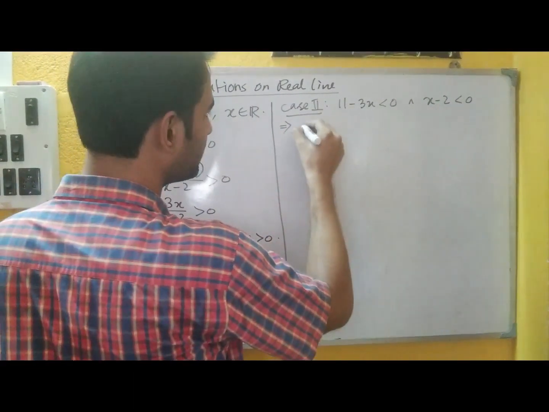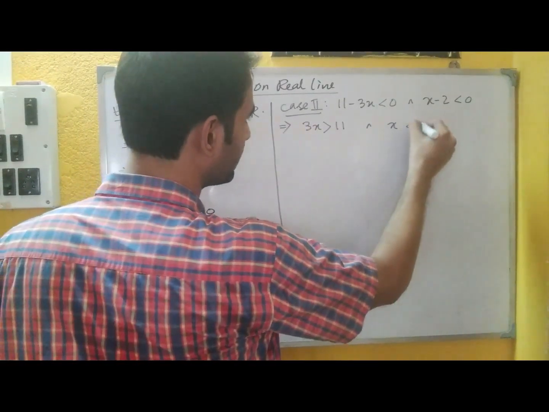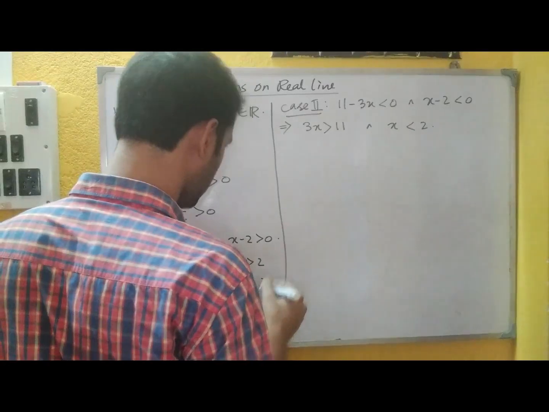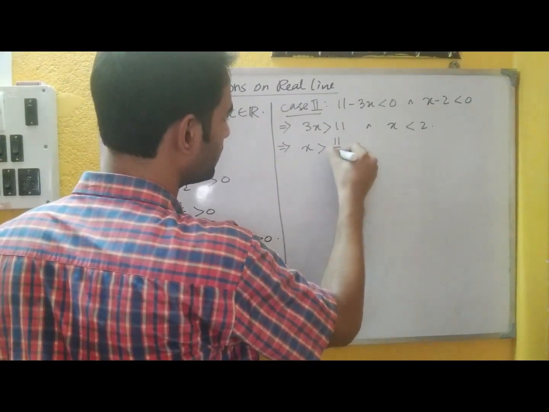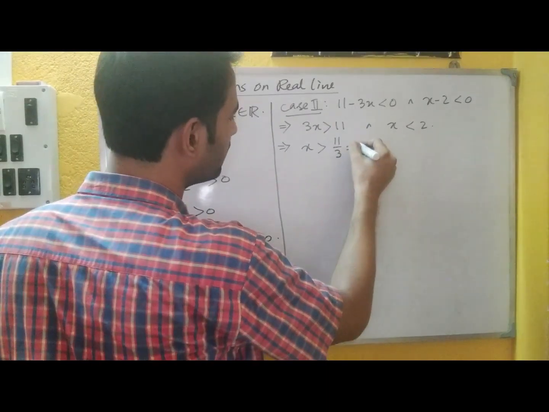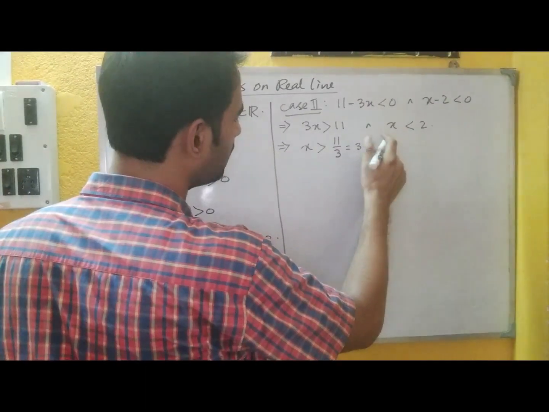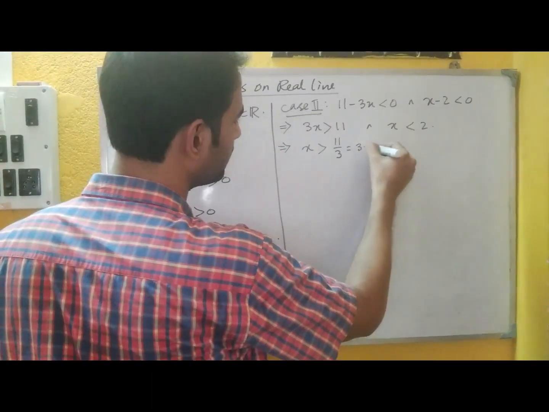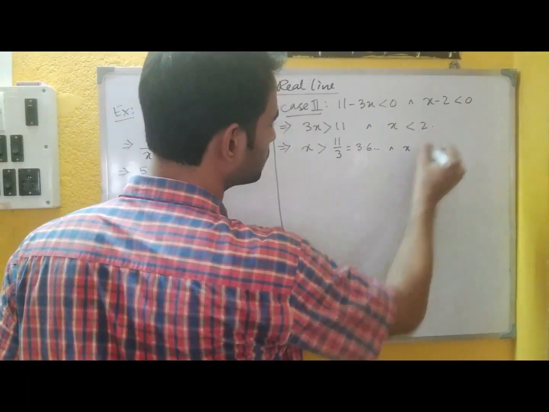So if this is the case, see, 3x will be greater than 11 and x is less than 2. So from here we get x greater than 11 by 3, which is approximately 3.6 I think, and x less than 2.